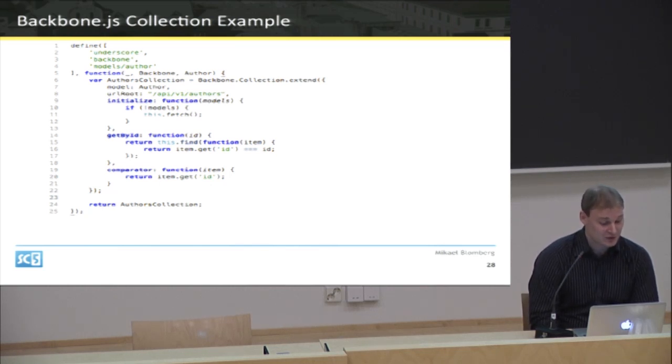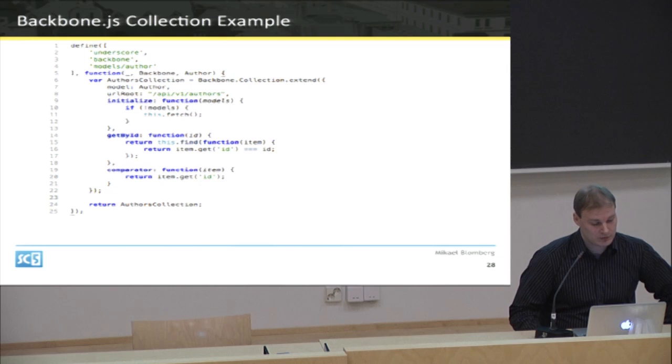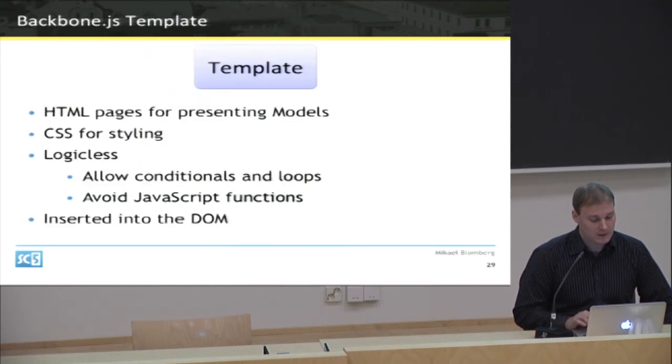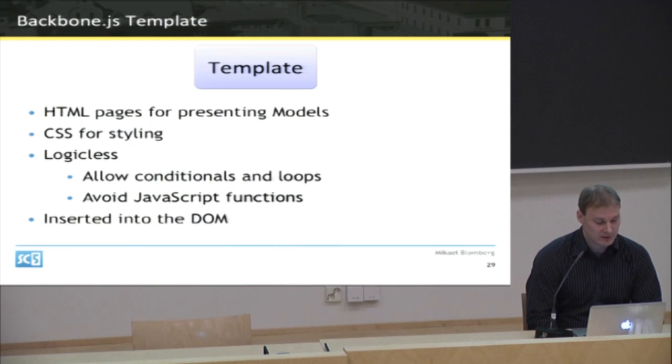I just had to figure out something to put there, but you can get the same functionality by using get and then just giving the actual parameter. And then here's a comparator, which is used to order the models in the collection. And then let's take a look at the template. It's kind of far away from the view in this presentation.